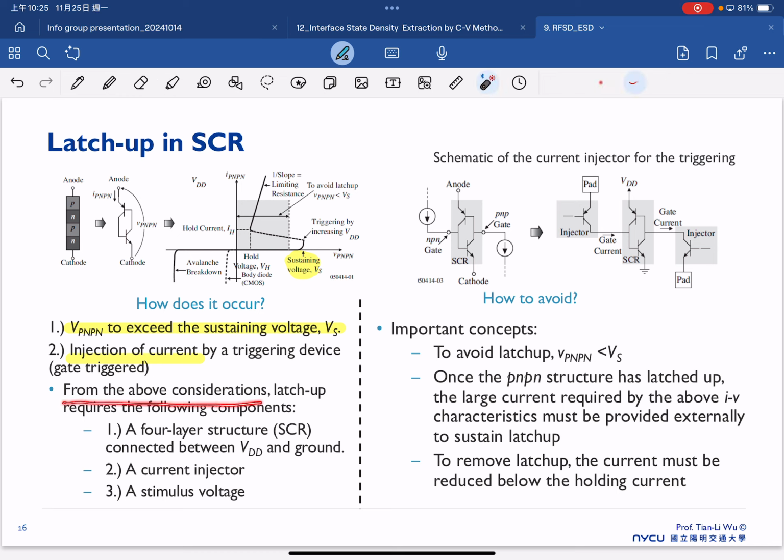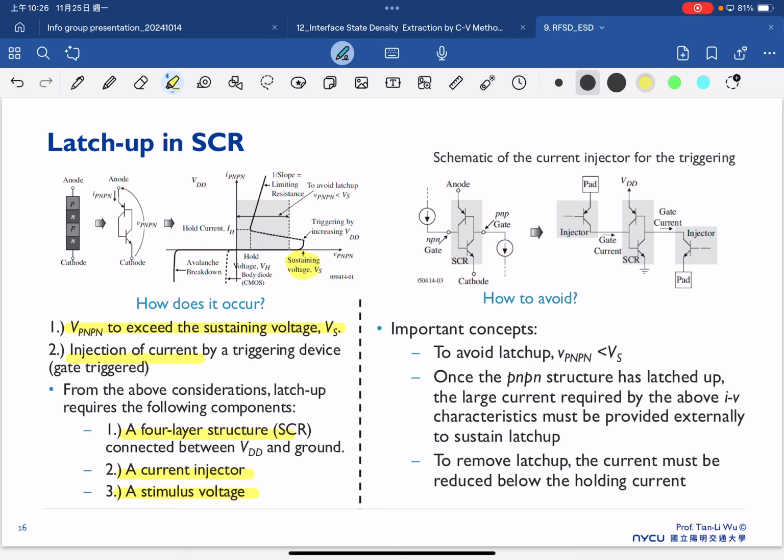From the above consideration, latchup requires the following components. For example, a 4-layer structure, SCR. So that's why we care so much about this PNPN, parasitic coupled BJT. And we need to have the current injector. We also need the pulse voltage that can trigger the latchup event.